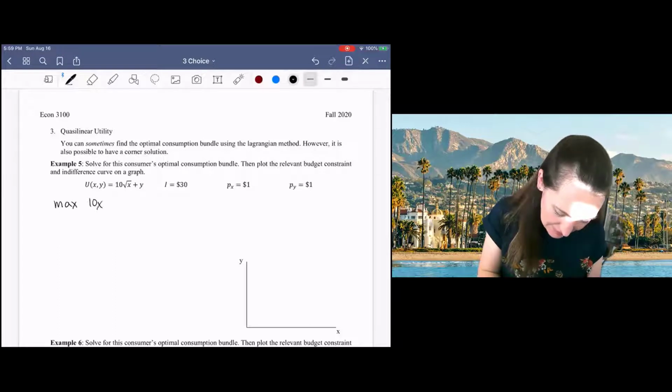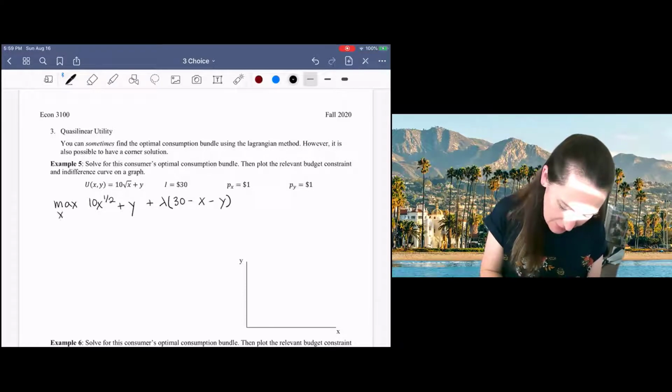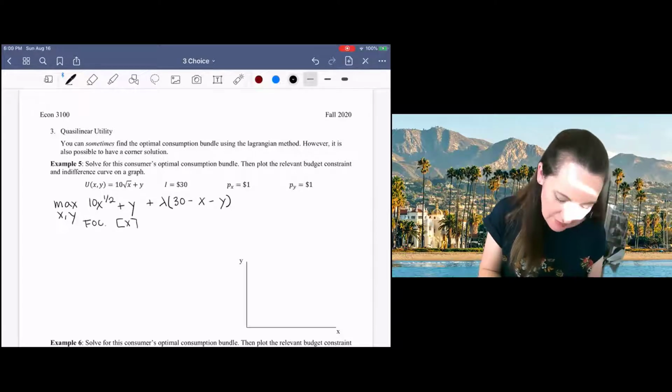All right, we've got maximizing utility. I'm going to write this as 10 x to the 1/2 plus y plus our budget constraint. I want to choose x and y. So my first order conditions will be the derivative with respect to x and the derivative with respect to y.